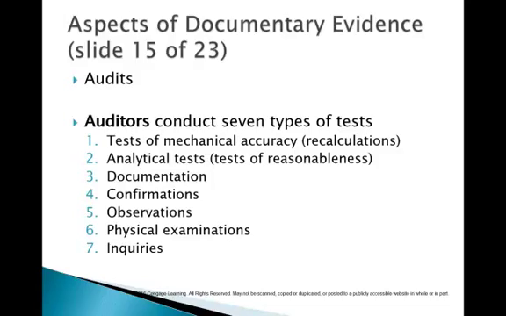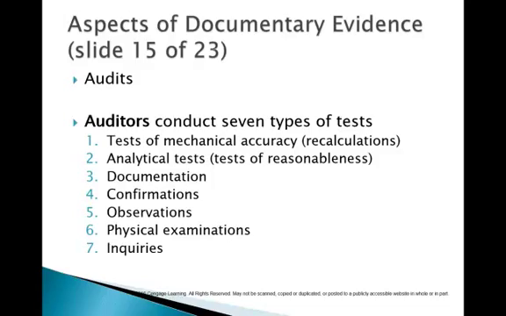The other type of evidence that we might gather are analytical tests, or tests of reasonableness. So we talked about this earlier when we were talking about potential liability fraud. For example, what if they have interest expense that appears to be too high? So they have an interest rate where they usually pay about 7% interest on their loans, but when they calculate the interest expense relative to the loans that they have, it's more like 17%.